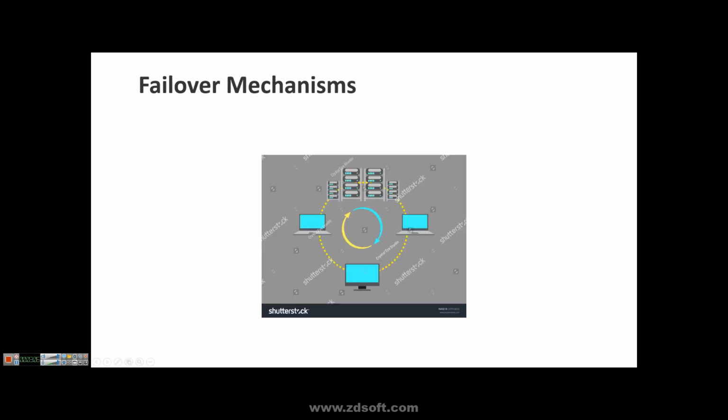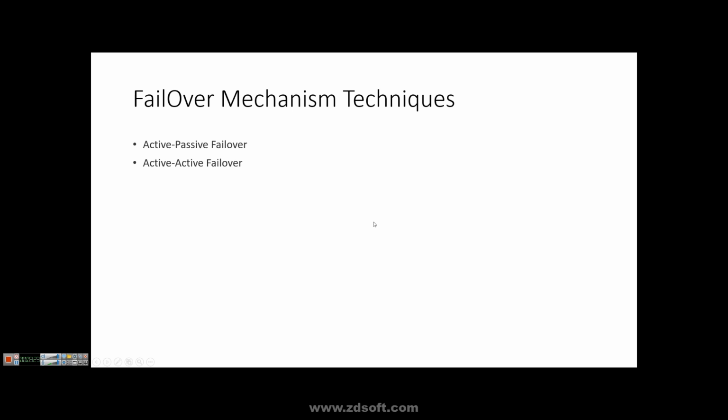Third comes the failover mechanism. Failover is automatically switching to the redundant system when a failure is detected. So there is a primary service, and when a failure occurs, the request goes to the standby service. For failover, we have 2 techniques.